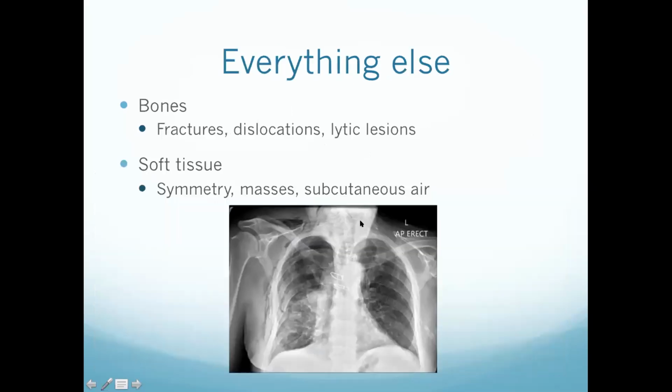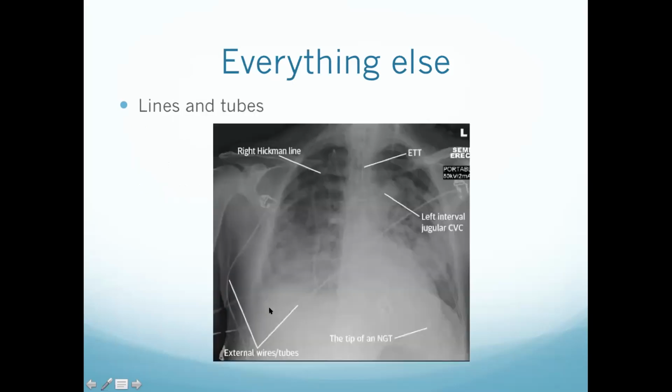And then everything else, so you want to go over the bones, any fractures, any dislocations in the shoulder and the clavicle, any lytic lesions. Soft tissue, so just looking at the symmetry, masses, any subcutaneous emphysema, caused by surgery in this picture here. And then any lines and tubes, just comment on those at the end.